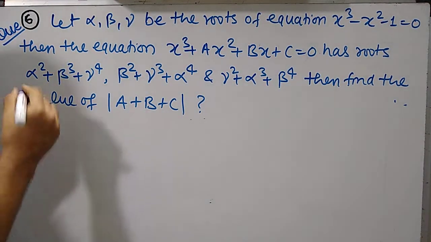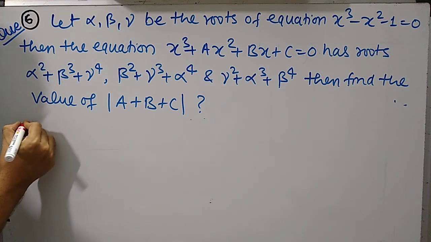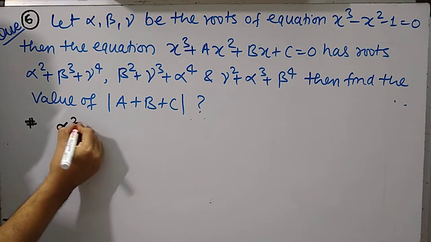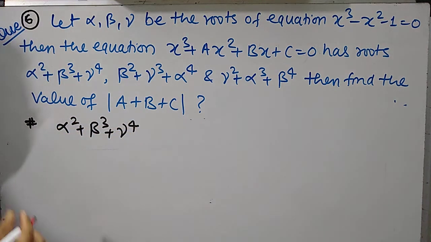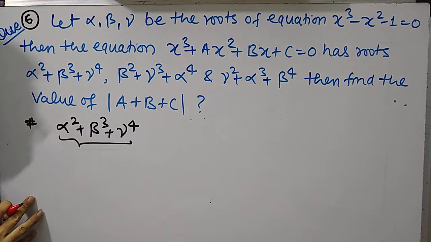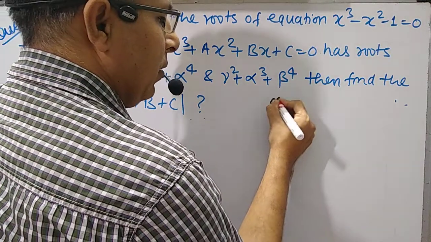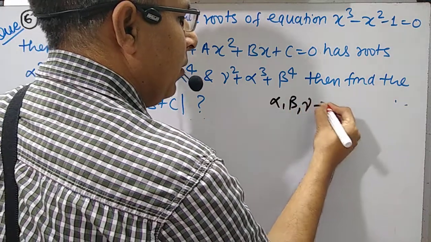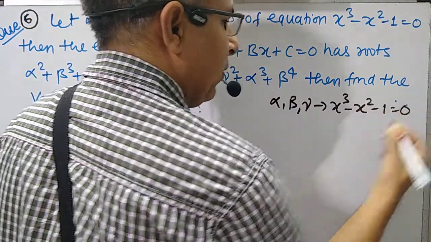Here we get the relation alpha square plus beta cube plus gamma to the power 4. So this is not the function of alpha, function of beta, function of gamma. So with the help of transformations, we know that alpha, beta, gamma are the roots of equation x cube minus x square minus 1 equal to 0.